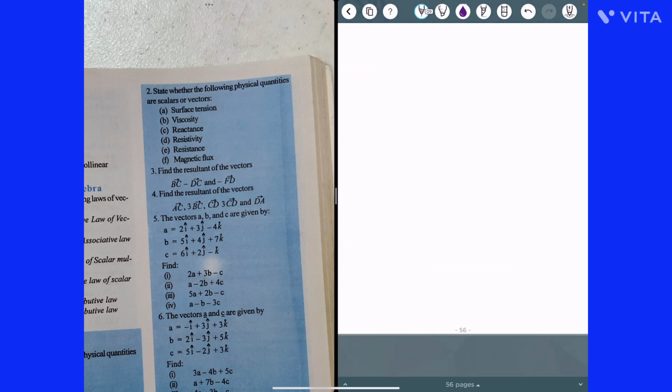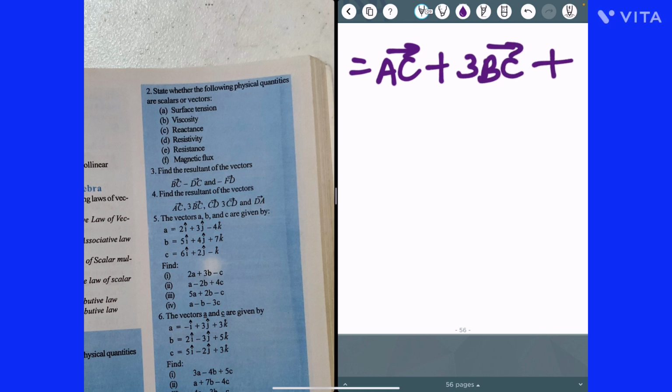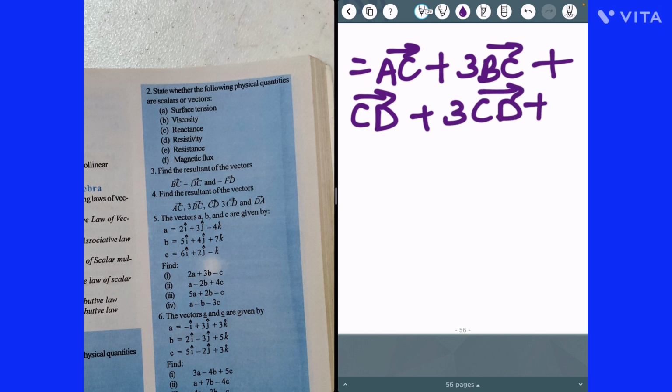Let me align my letters. The resultant is the sum, so I'm supposed to do AC plus 3BC plus CD plus 3CD plus DA. These are the vectors I'm supposed to add.